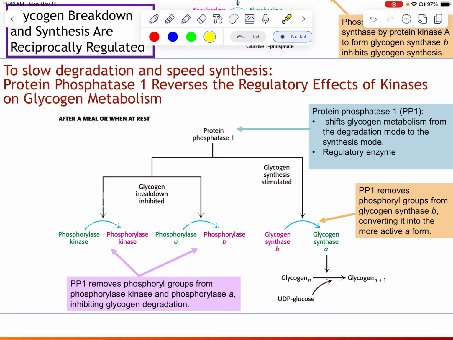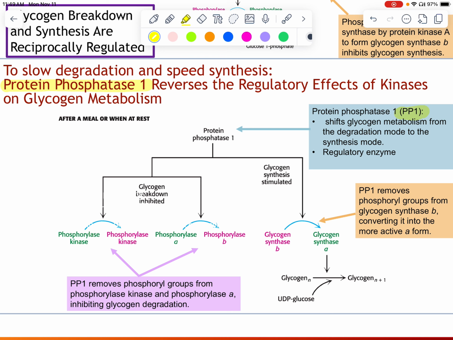Anyway, whatever it is, we want to slow that degradation process and speed our synthesis. This protein phosphatase 1, PP1, how we sometimes abbreviate that, is going to reverse those kinases. So think about it. Kinase adds phosphates, so the protein phosphatase 1 is removing those. It's reversing the effect of those kinases.